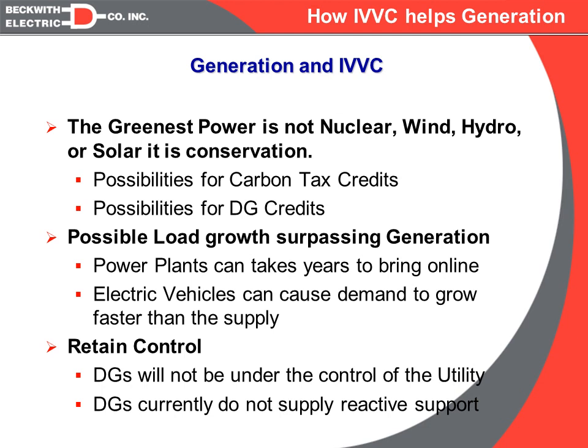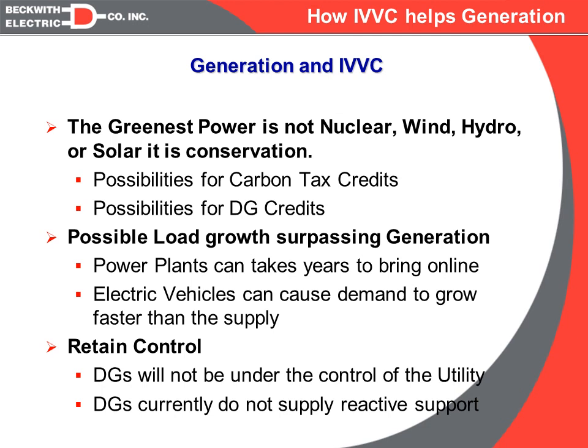Another area where states are regulating on utilities is the amount of distributed generation required on their system. In some states it may be as high as 20 to 30% by 2020. DG has some major disadvantages right now in that, first of all, it's typically not controllable by the investor-owned utility. So you are losing control of some of your assets.